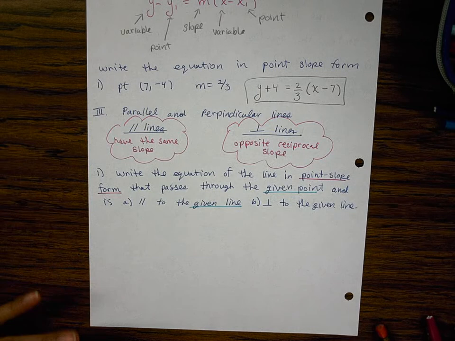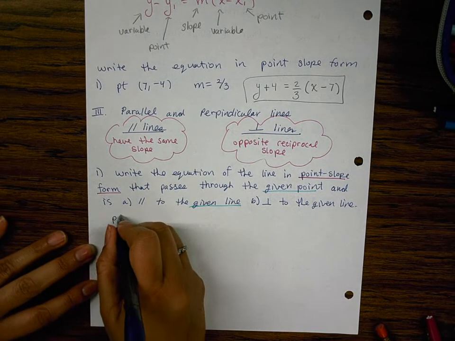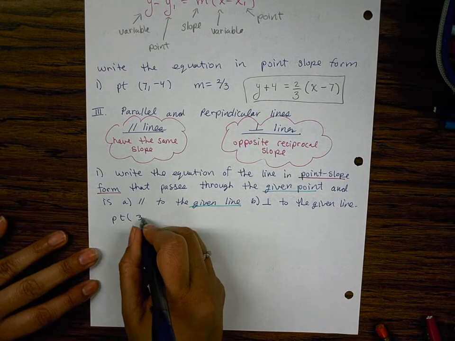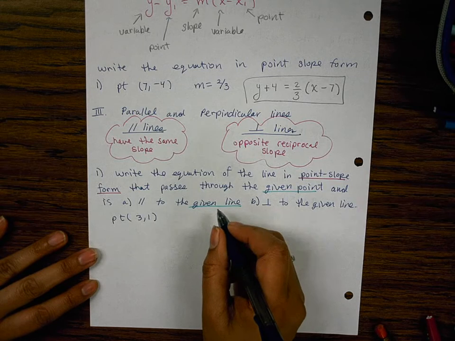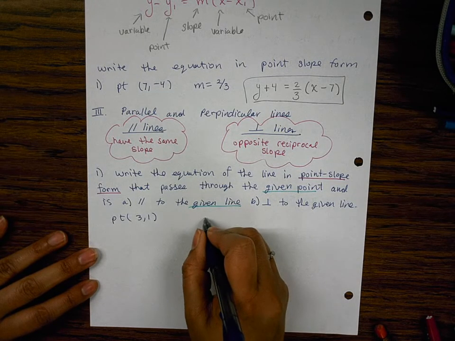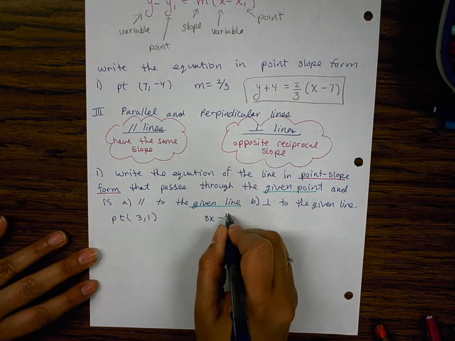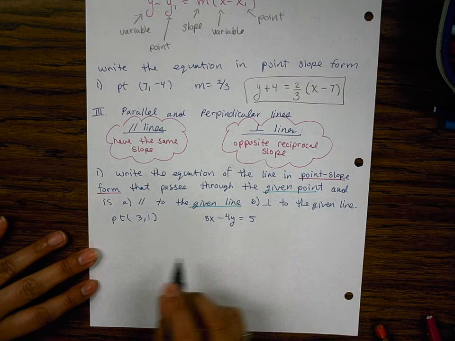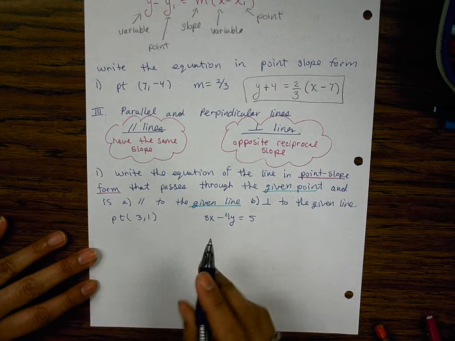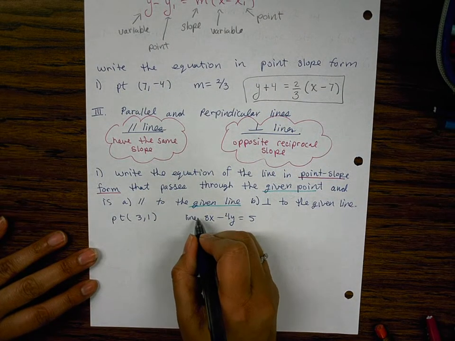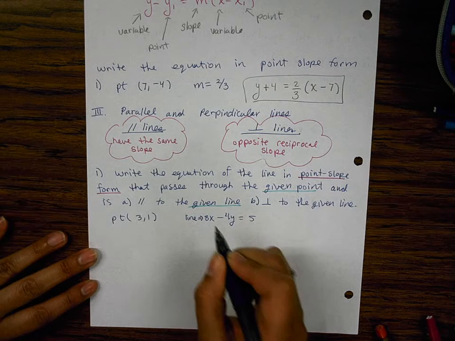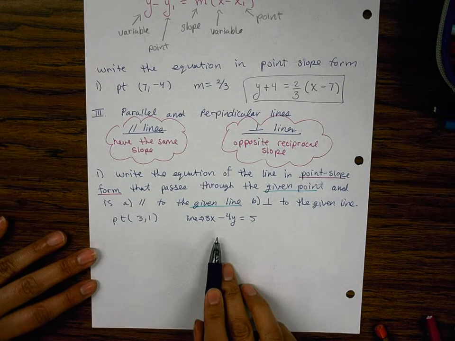It's easier. All right. So they're going to give you a problem like this, and they're going to give you the point is 3, 1, and the line is 8x minus 4y equals 5. So there's the point and there's the line.